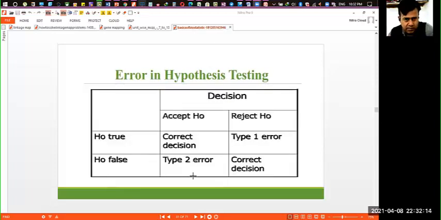For example, how to take the decision: accept or reject the hypothesis. Accept the hypothesis if H is true, and reject the hypothesis if H is true but a type 1 error is there, and then you can take the decision based on the error.